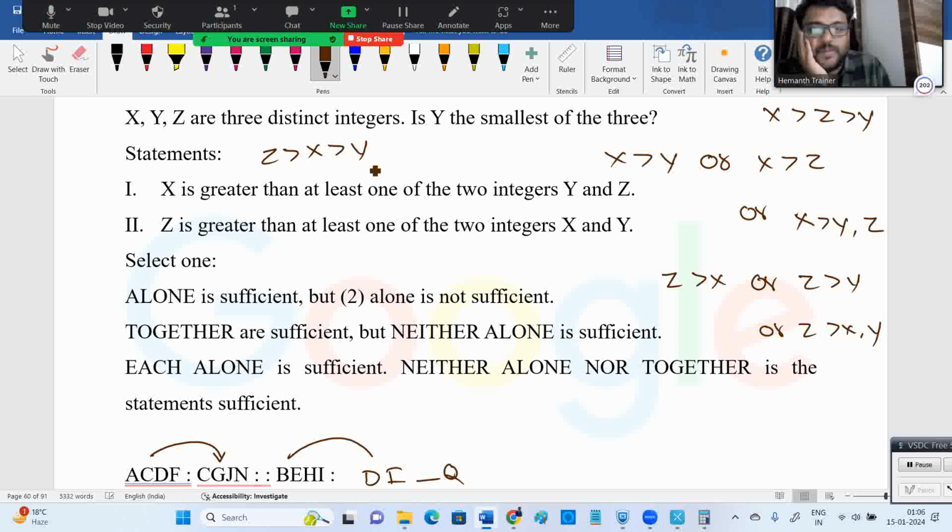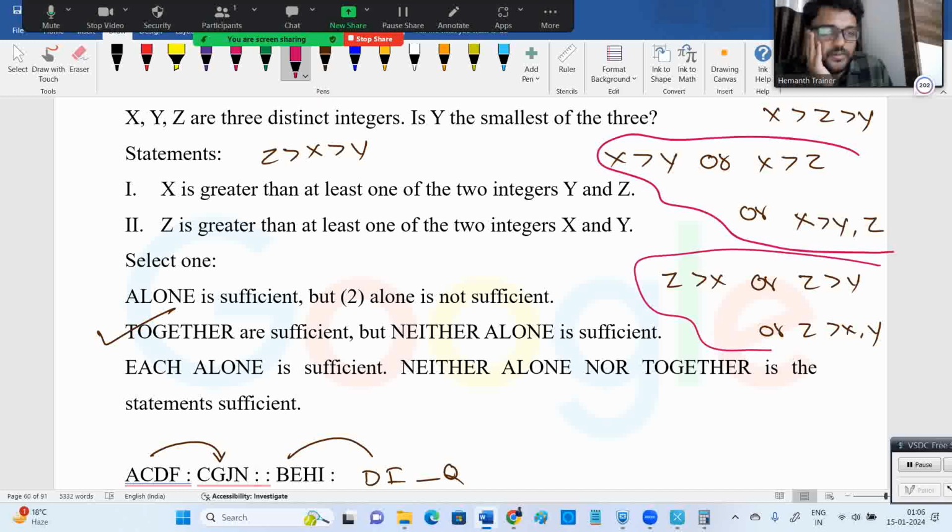So both statements together, I can say y is the smallest. Alone I cannot say, one alone I cannot say. This is one alone, this is two alone. If I consider together, I'll get this one and this one. So y is the smallest, I can say, together. Together means z greater than x greater than y, or x greater than z greater than y. So y is the smallest we can decide together.